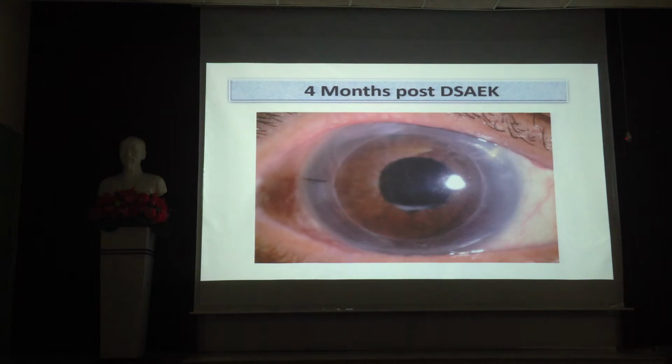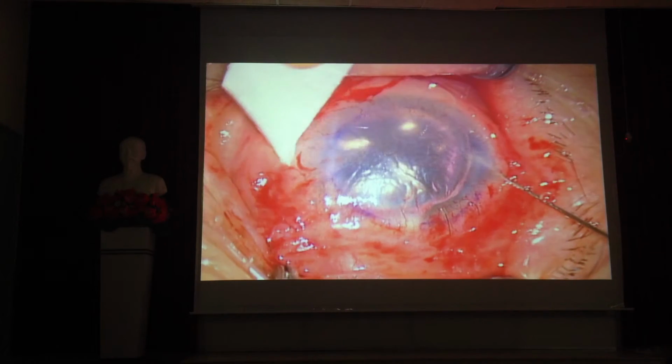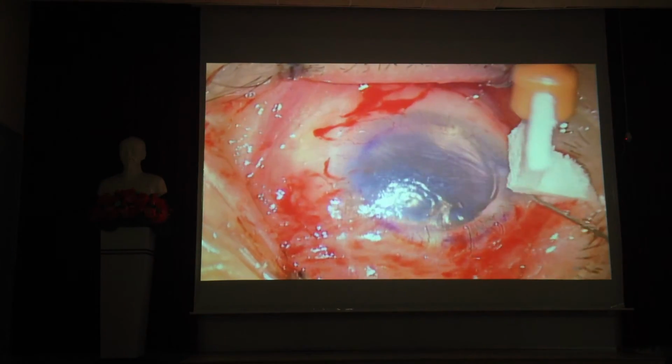Well, this is about 4 months post this procedure. So we are quite confident about either a patient who is pseudophakic, with a glaucoma bleb, or aphakic bullous keratopathy. We try to perform DSAEK rather than PKP for these patients. So this is aphakic bullous keratopathy.